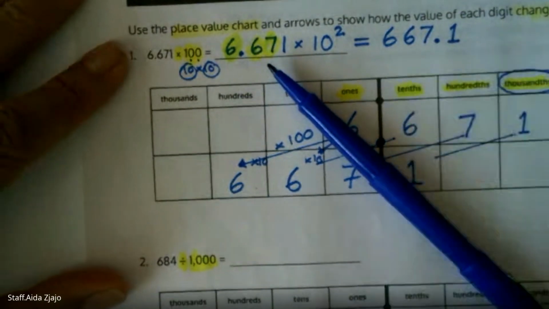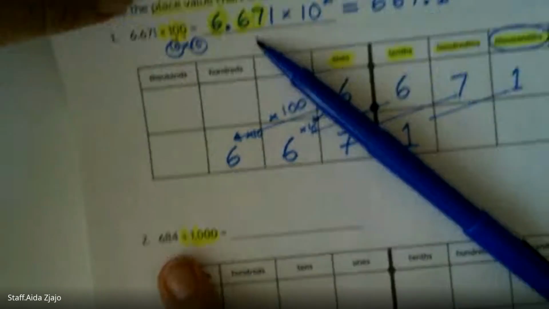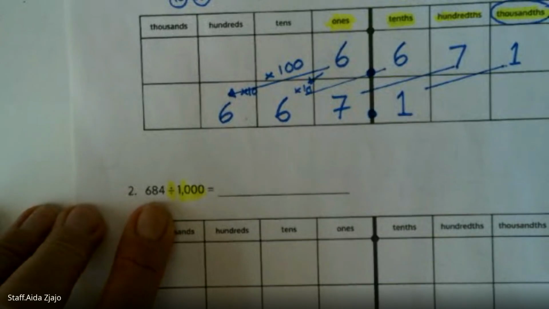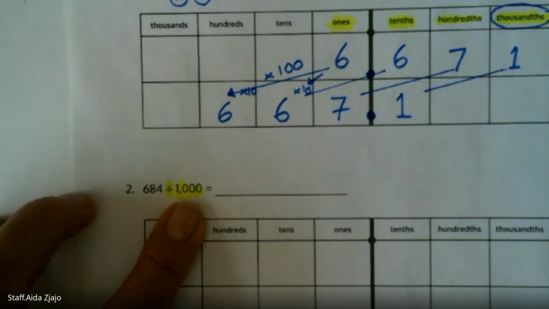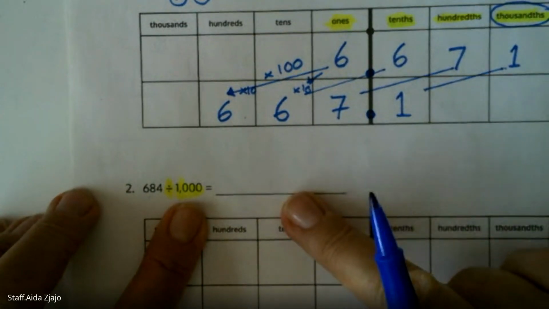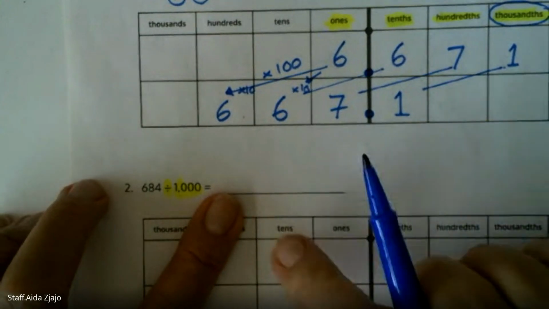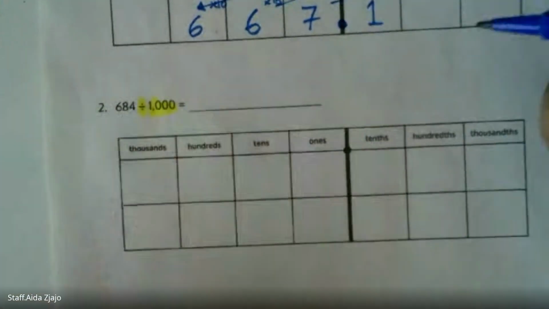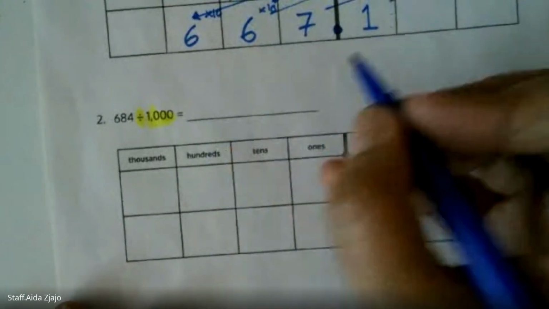So if you have $684 and you want to share that with 1,000 people, then how much money? Of course, there will be a very, very small number because you have $684 and you're going to share with 1,000 people.